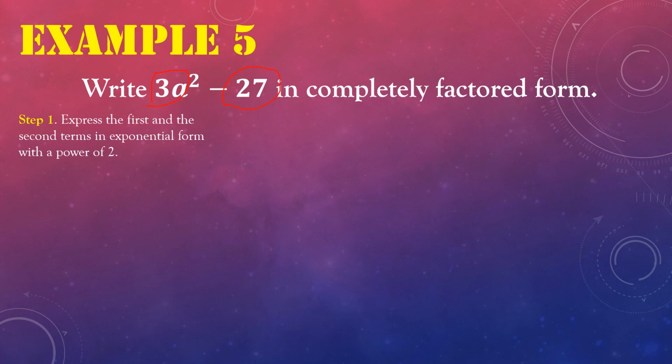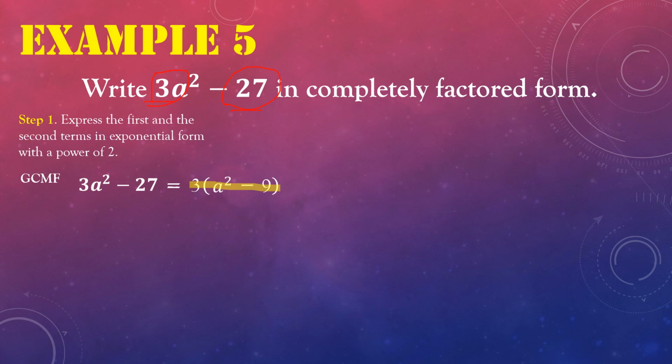No. But kindly observe that we can use the greatest common factor of 3 and 27, which is 3. So we are going to factor out 3. And then the remaining factor is a squared minus 9. So our new expression that we need to factor is 3 times the quantity a squared minus 9.